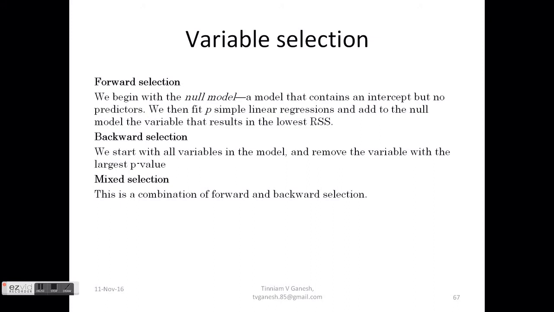Then the next step is you take combinations of two input variables, let's say x1, x2, x2, x3, x3, x4, and again you determine which of those gives the smallest error. So now you have a single input variable and then a combination of two input variables. Similarly, you do that for 3 and 4, and you add up to p.